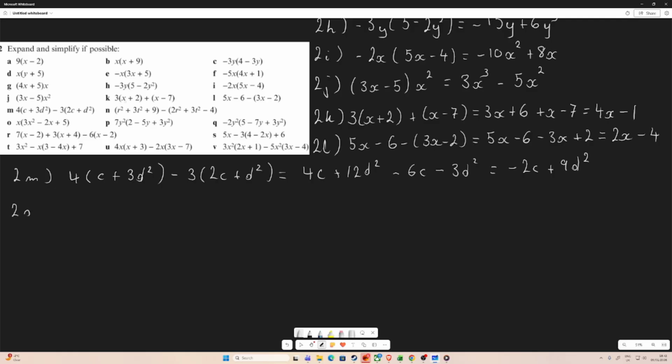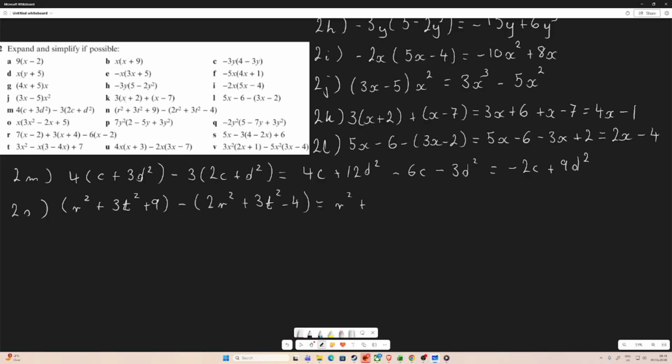Question 2n. We have in the brackets r squared plus 3t squared plus 9 minus, in the brackets, 2r squared plus 3t squared minus 4. So let's copy the first bracket out. We don't need a bracket anymore.